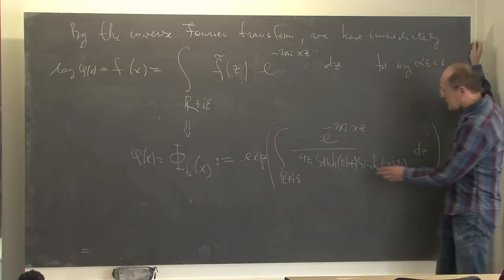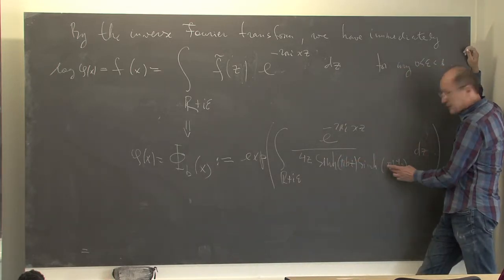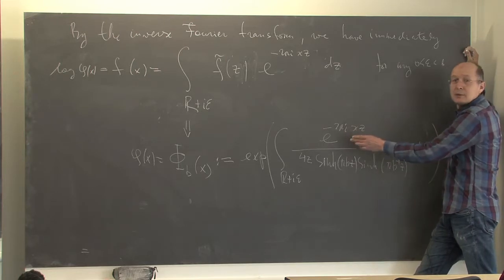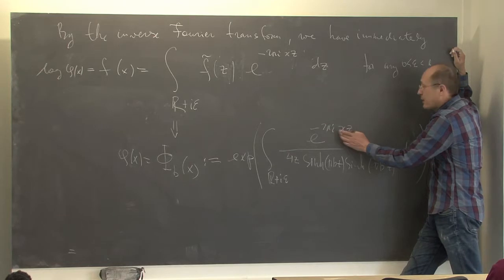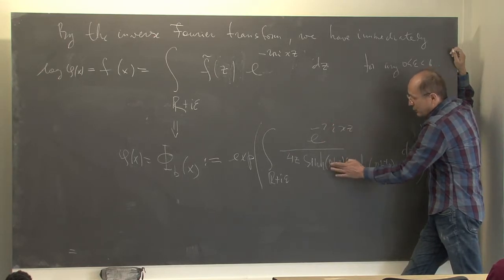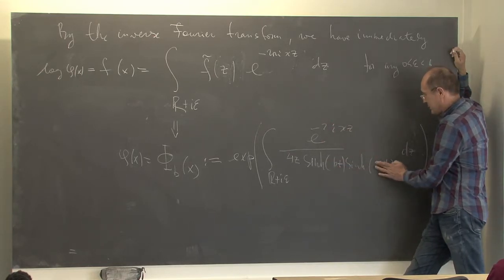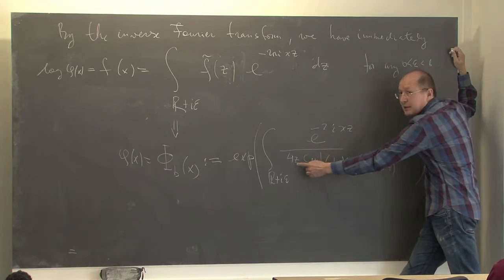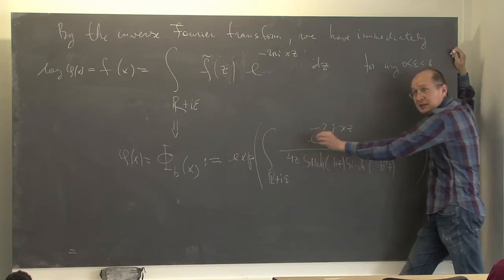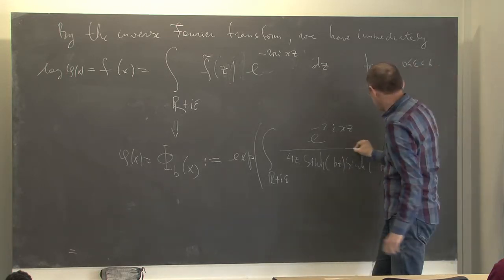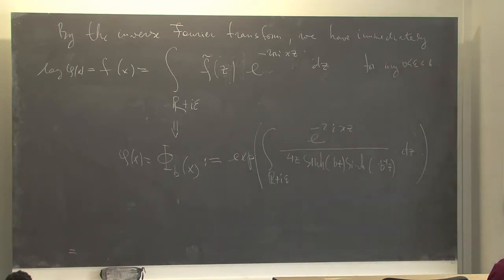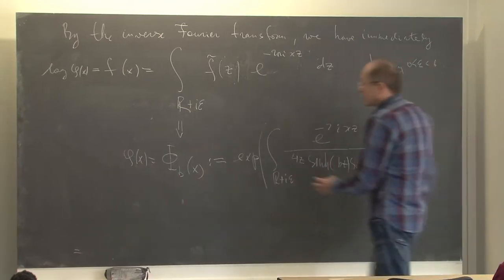And usually, you see pi is everywhere around, so usually we just rescale the variable z by pi to make it look better. And here z over dz rescaling doesn't change it. So that's the final formula for the solution of the functional equation.